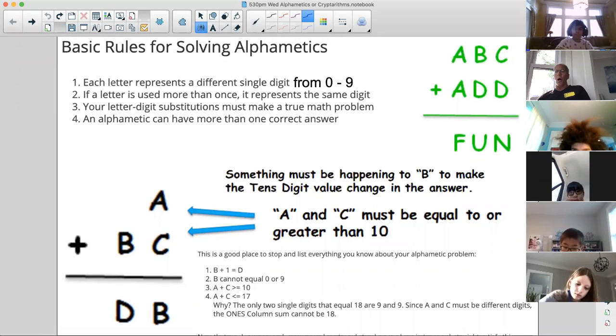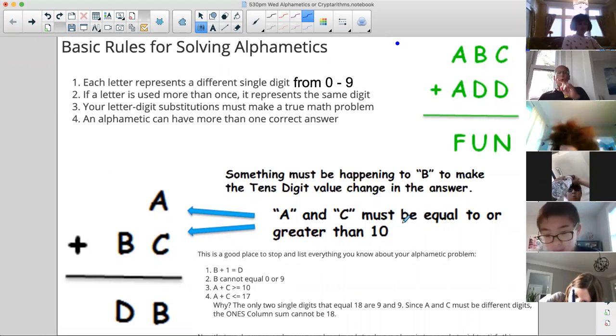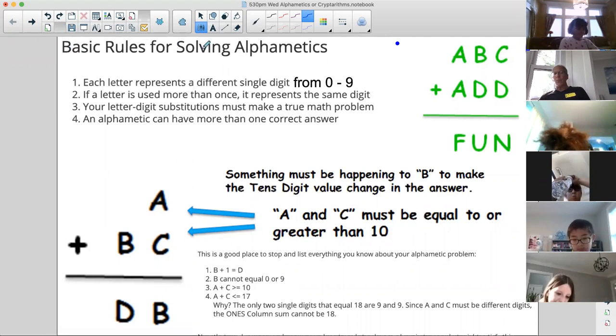So first of all, whenever I think of letters, I always think of numbers. It's one of the things I can't help. Letters and numbers. Now, I want you guys to look at the basic rules for alphametics.